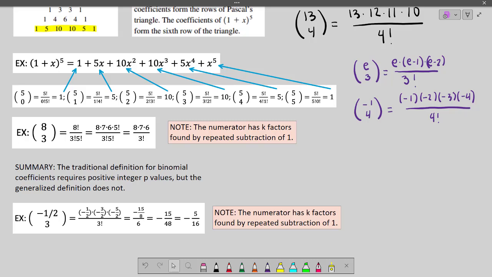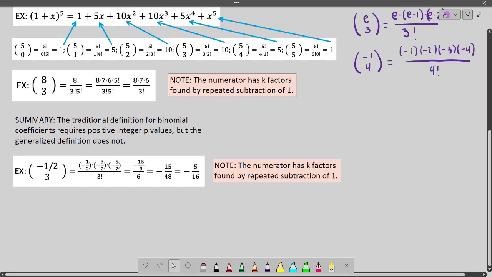Don't pull any balls out of the bag. This coefficient is 5 choose 1. This one is 5 choose 2. This one is 5 choose 3, 5 choose 4, and 5 choose 5. So you're going to notice a pattern that whenever you choose 0, it's always going to be a 1. And whenever you choose 1, it's always going to be the upper number. And so we'll keep that in mind.